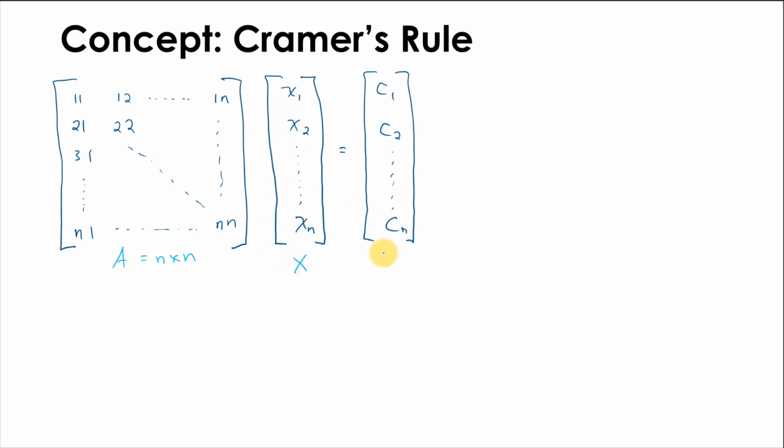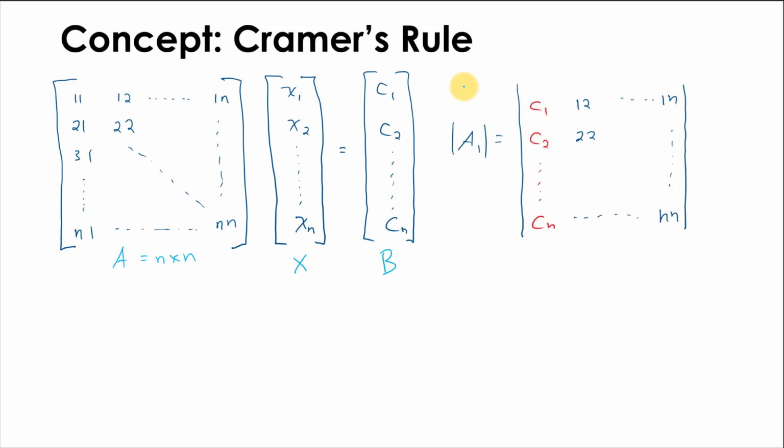So let's take a look at, say, A1, or the determinant of matrix A with the first column replaced by the constants. What that looks like is this right here. Instead of a11, a21, a31, all the way down to an1, now I've got my C1, C2, all the way down to C sub n.